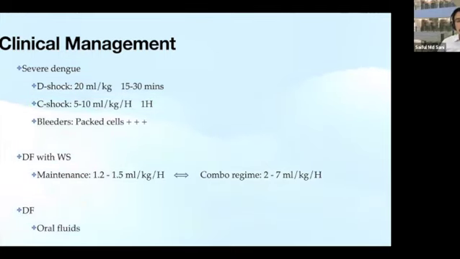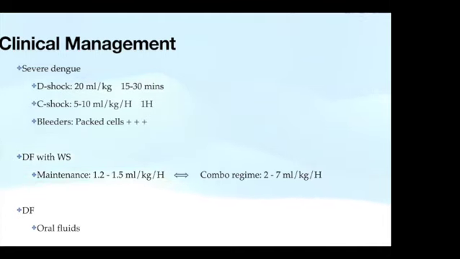Because of the spectrum of severity, you've got a spectrum of choices to give them, from a maintenance regime of 1.2 to 1.5 mL per kilo per hour to a combo regime where you can combine rescue boluses, and the rescue boluses are less intense, between 2 to 7 mL per kilo per hour.